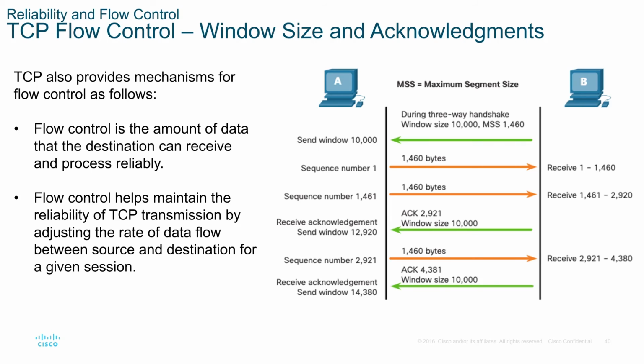We would send another group, after which we acknowledge that we have received the 2,920. So you may see our acknowledgement numbers are not increasing by just 1. They would be increasing by the window size or the number of bytes received.